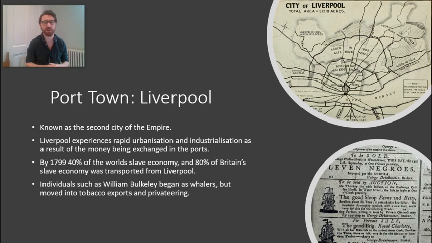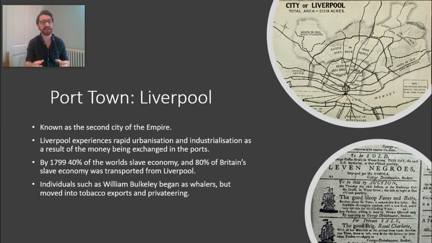Although I will also say enormous amounts of slaves actually come into Liverpool and leave Liverpool. So it's not as simple as just goods leaving. Slaves also arrive. And there are over 4,000 slave ships that leave Liverpool in the 18th century.